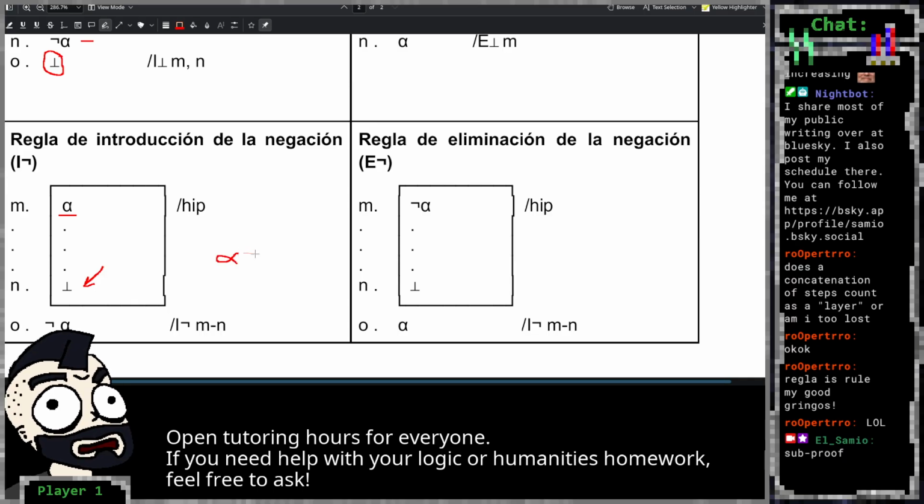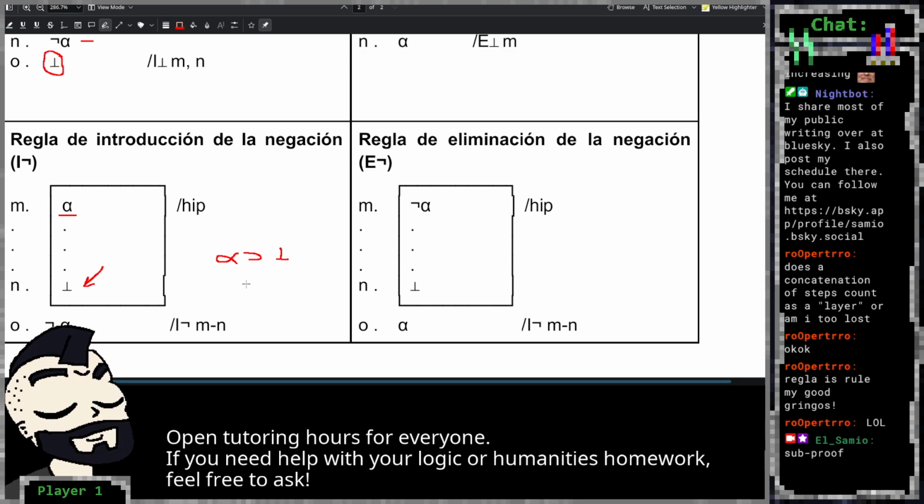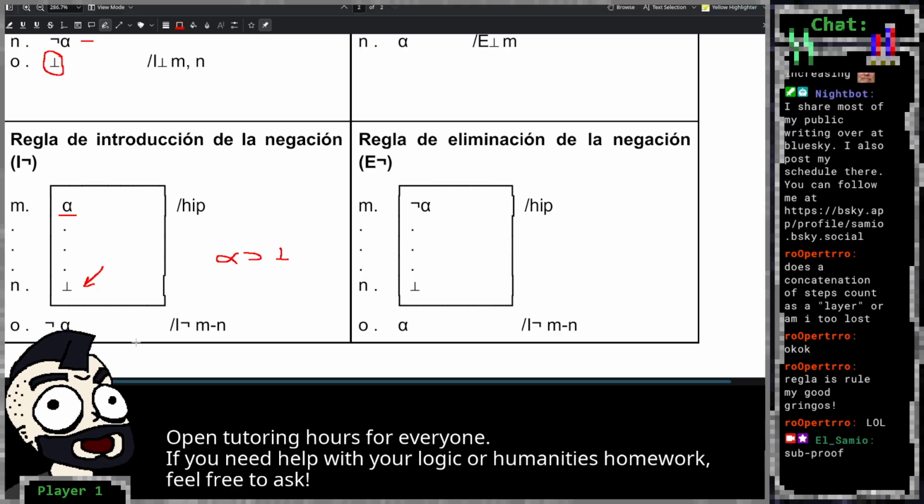Basically, alpha will imply contradiction. Because this is a bivalent logic, if something implies contradiction, then it cannot be true, which means that its negation must be true.